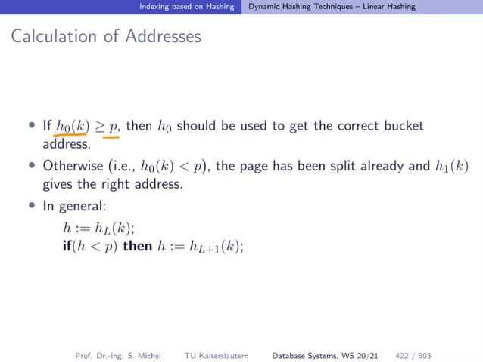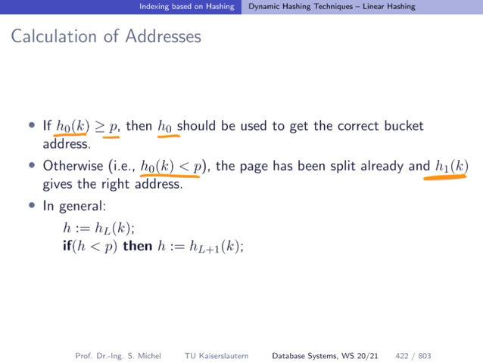And if this hash function is greater or equal to the bucket ID that is next to be split, h0 should be the one used. However, if h0 of k is smaller than the pointer, the ID of the bucket that needs to be split, then we know that this bucket, where k falls into, has already been split. And then we have to use h1 of k to see where to actually put k, to the old bucket or the new bucket.